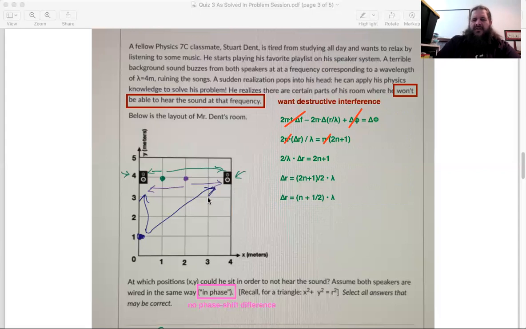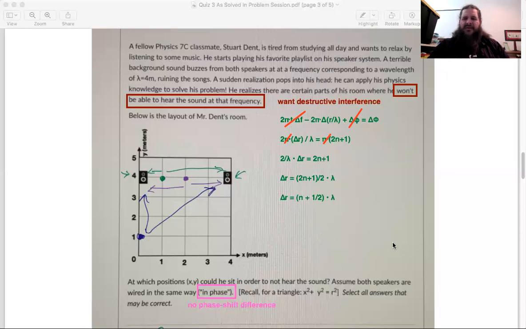So in general, if you're standing at a location where the difference in path length is 1.5 wavelengths, then you get destructive interference. And I think that fits in nicely with the general idea of destructive interference being 1.5 cycles offset. And cycles can be more complicated than just wavelengths because there might be more differences. But in this case, the only difference is path length. So destructive interference means the path length difference is 1.5 wavelengths.